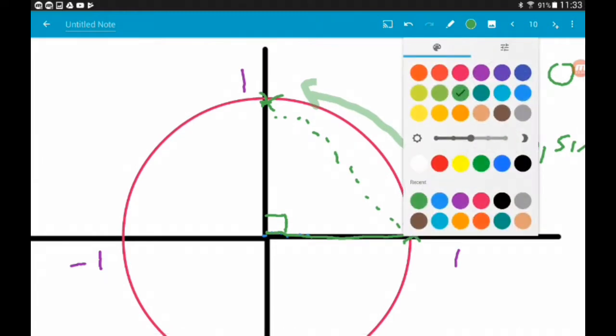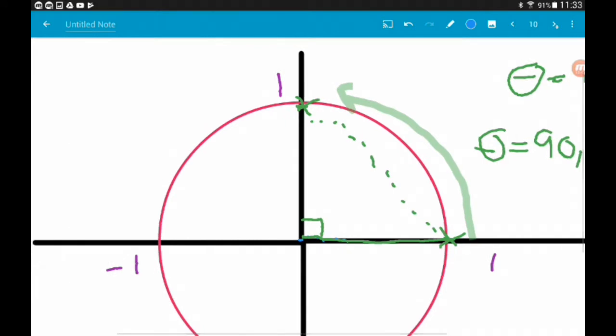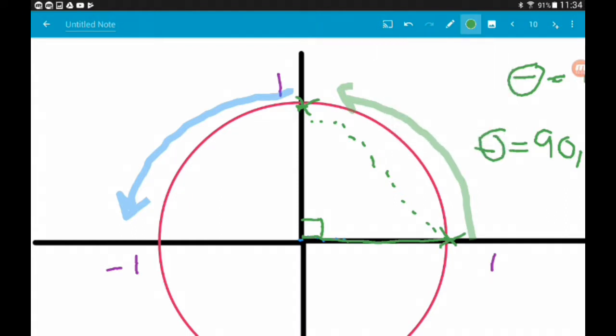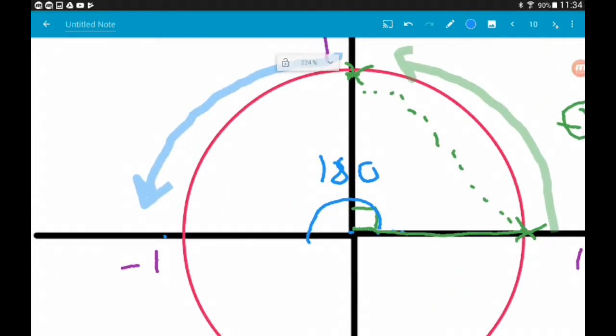And then, once we've got there, as theta carries on increasing, so as we keep going on and down here, well, that would give us theta being 180, our point now would be over here, again on the x-axis.